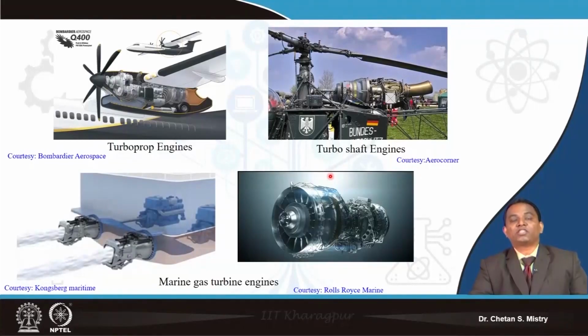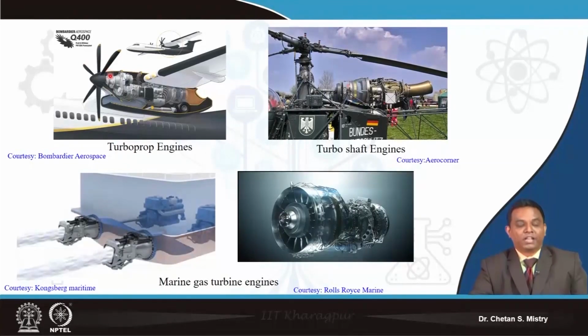Now these gas turbine engines have other kinds of applications also. Many regional transport aircraft or private jets are run using a propulsion device called a propeller. This propeller is similar to your fan, but its design approach is different.